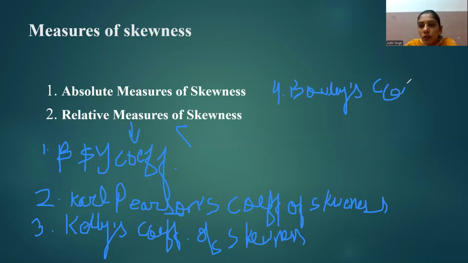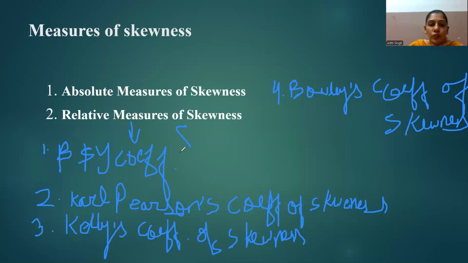Bowley's coefficient of skewness. It is not correlation, it is skewness. Okay. So the first one is Beta and Gamma coefficient of skewness, Karl Pearson coefficient of skewness, Cayley's coefficient of skewness, and Bowley's coefficient of skewness. So these are the four methods of measuring relative skewness basically. Okay.